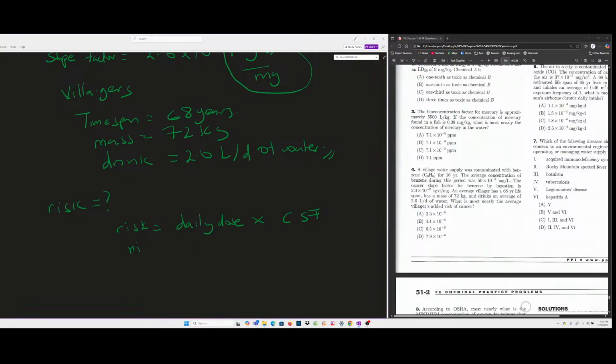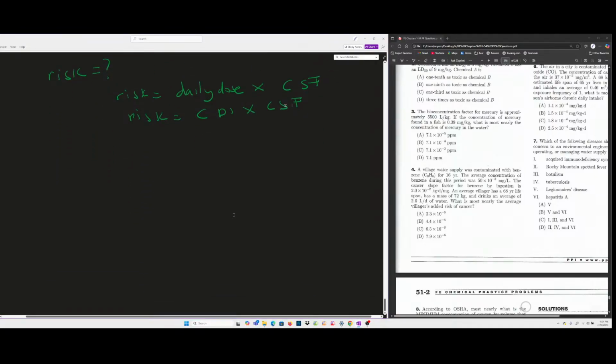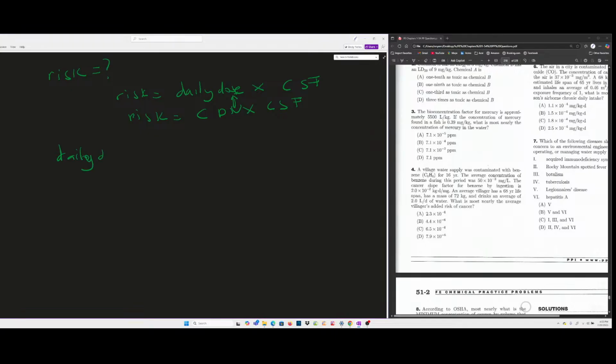In other books, this can be written as risk equals CDI multiplied by CSF. These two are interchangeable. So how are we going to get the daily dosage, the CDI?